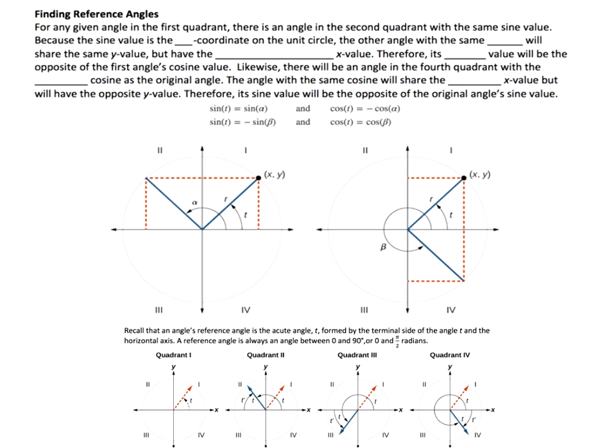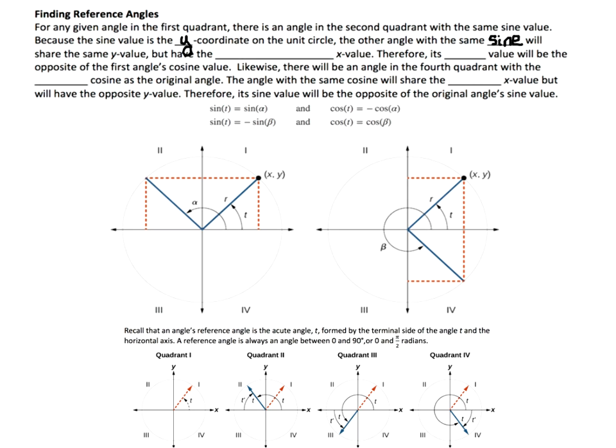Very good. Okay, last page, my friends. For any given angle in the first quadrant, there is an angle in the second quadrant with the same sine value. Makes sense. Because the sine value is the y-coordinate on the unit circle, the other angle with the same sine will share the same y value.